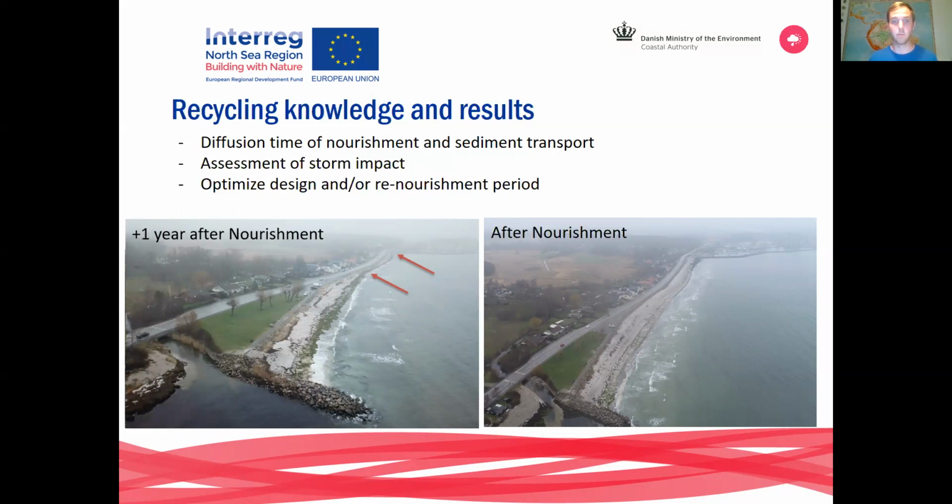But this gave some room to thought to maybe implement a different structure for the next nourishment. And this is how we are trying to propose it for the next time, to get a more exponential shape, incorporating the shape of the harbor with the nourishment, so the sediment allows for a long-shore transport and cross-shore transport to stay within the profile which we're nourishing for a longer period of time.